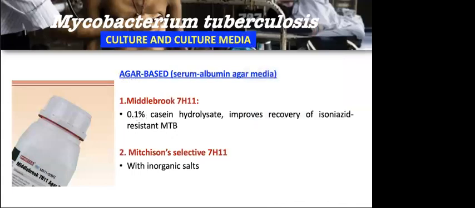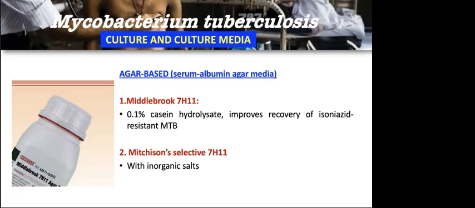So, culture media. The culture media for our microorganisms include agar-based medium, and then egg-based medium would be the other. The agar-based types of culture media would contain serum and albumin, such as your Middlebrook 7H11.